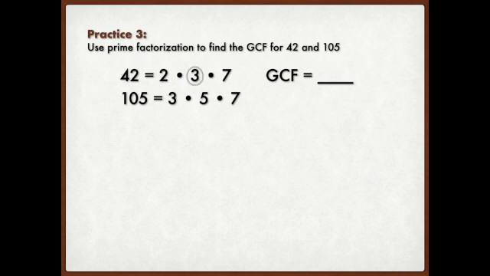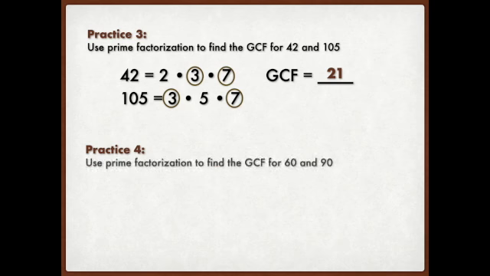So I multiply 3 and 7. 3 times 7 is 21, and that's my greatest common factor. When I have large numbers like 105, it's going to be very difficult to write out all the factors of 105.